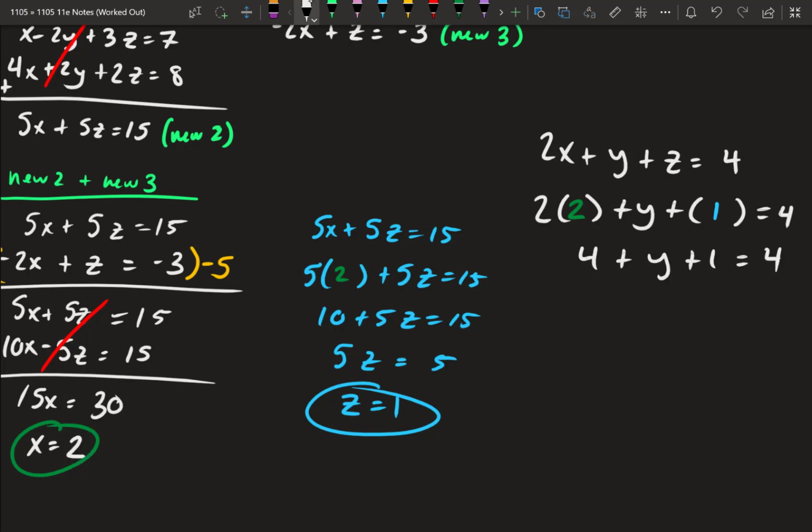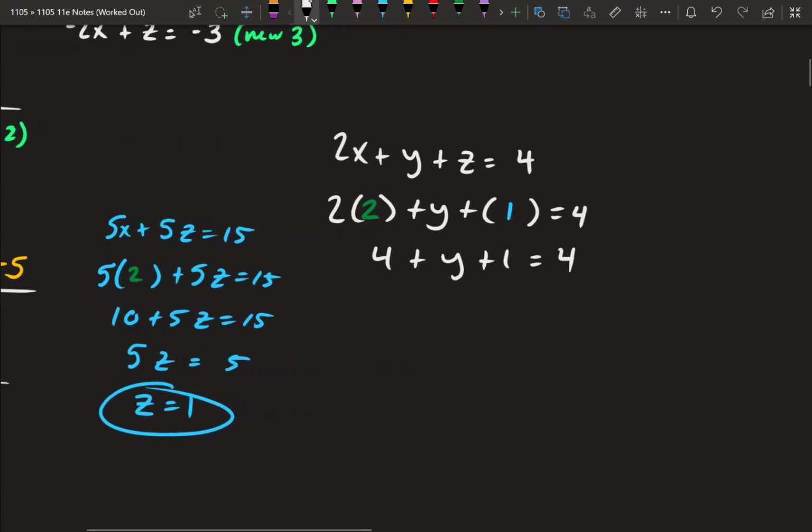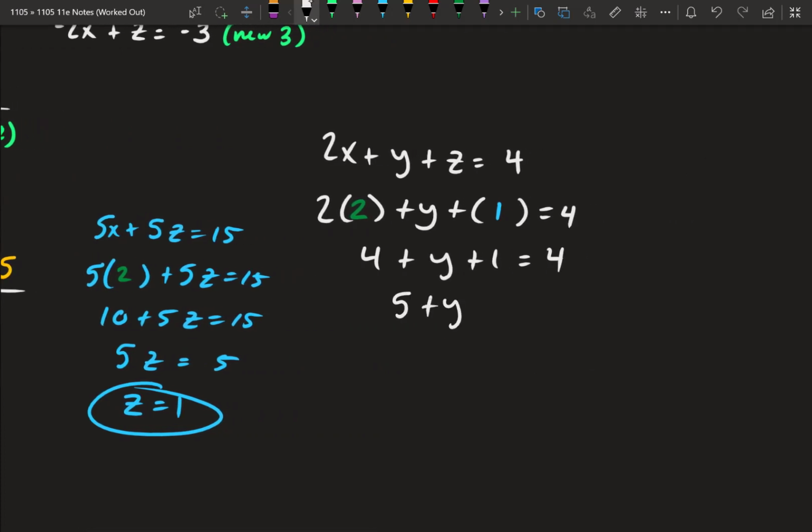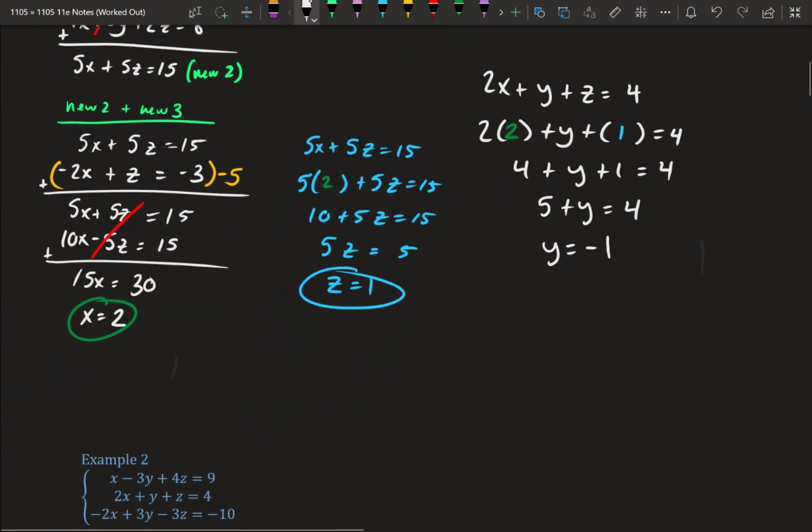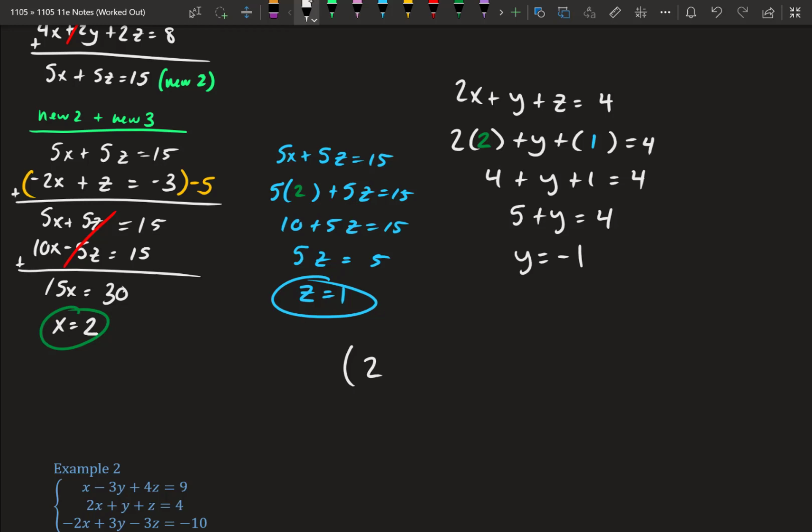We combine like terms to get 4 plus 1, which is 5. Subtract 5 from both sides, and we get y equals negative 1. So our answer is 2, negative 1, 1. Because this is a point. If you were to graph these, when you learn to graph these, this is where all 3 would intersect.